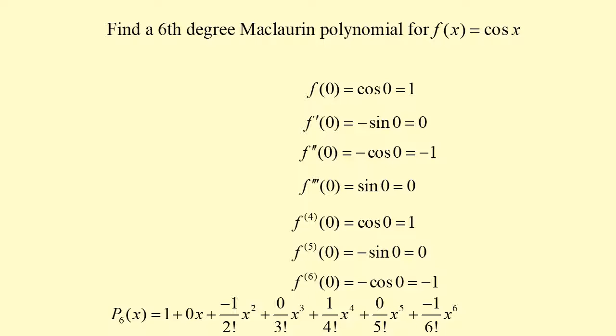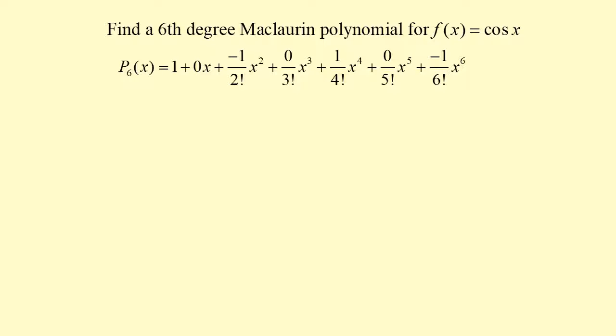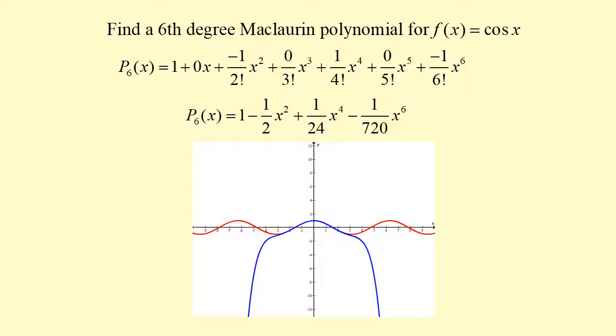And that can be simplified some by removing the terms that are zeros. So here is the 6th degree polynomial, which we claim approximates the cosine function. Notice this is a pretty good approximation for certain values of x, but not for others.